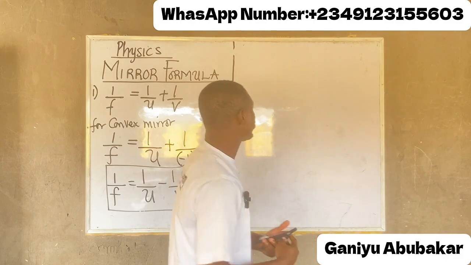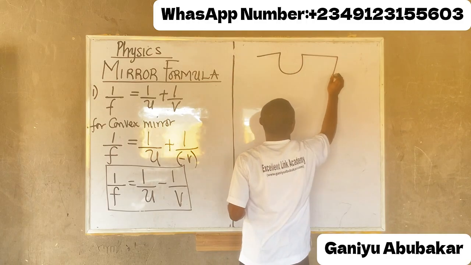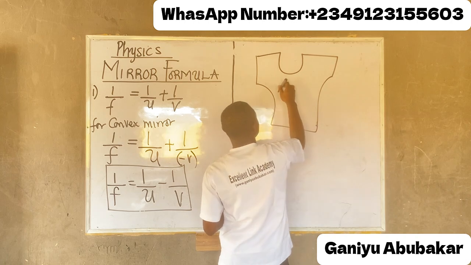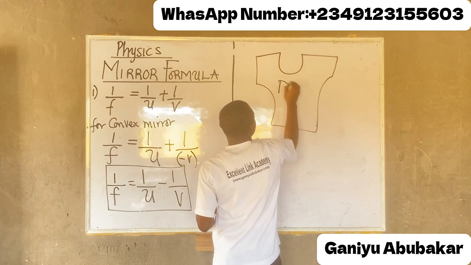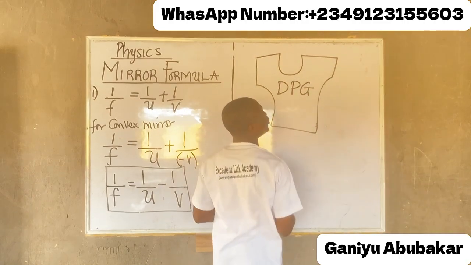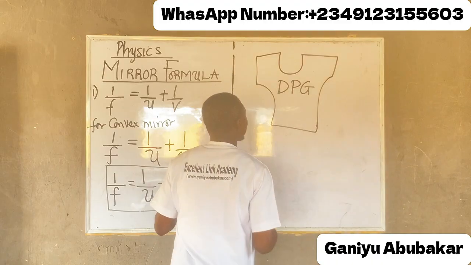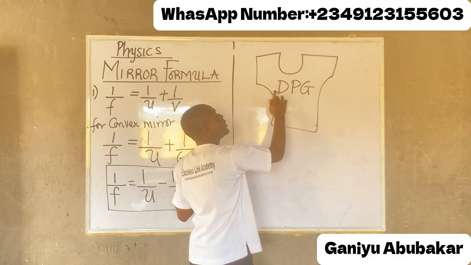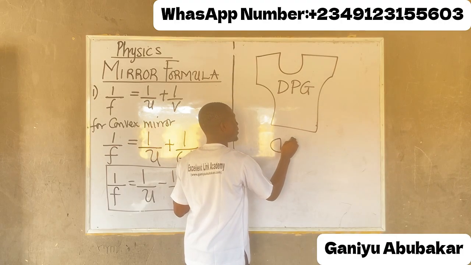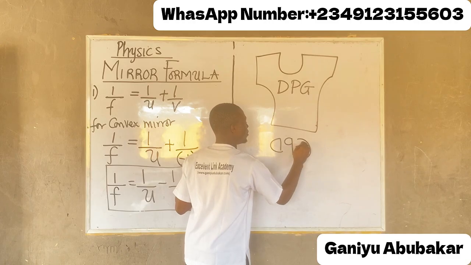So let's say, for instance, I have a cloth this way, and on this cloth was written DPG. If I snap this cloth with my camera, I will not see DPG. I'll be seeing something like this: D like this, then my P will be like this, and my G will be like this.